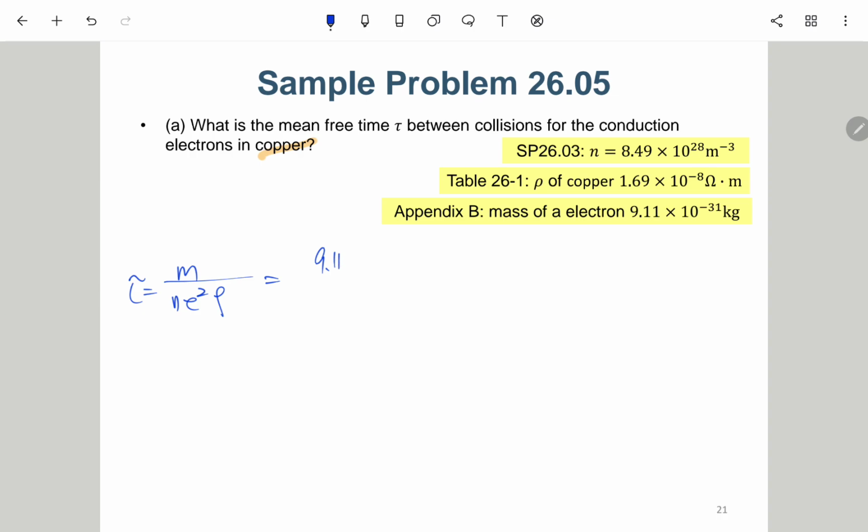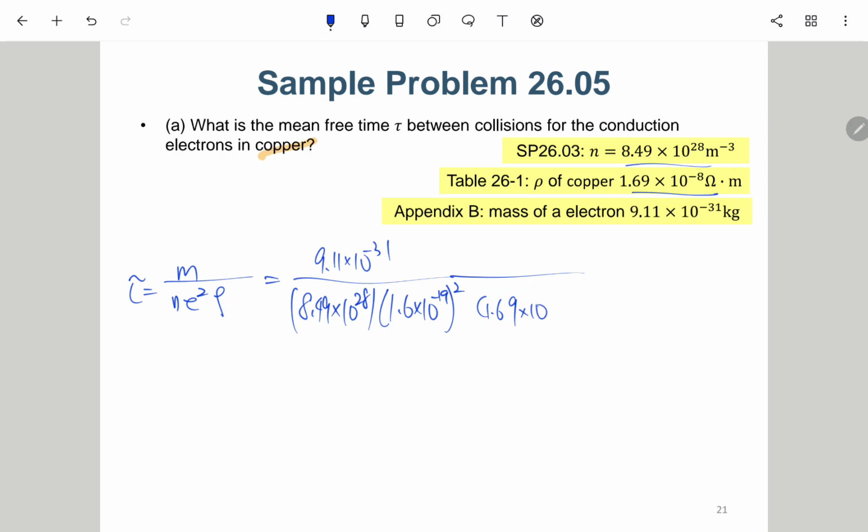The mass is 9.11 times 10 to the negative 31, and n is 8.49 times 10 to the 28 power. And e is 1.6 times 10 to the minus 19, squared. And rho is 1.69 times 10 to the negative 8.